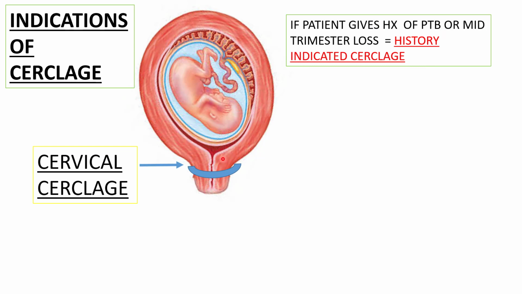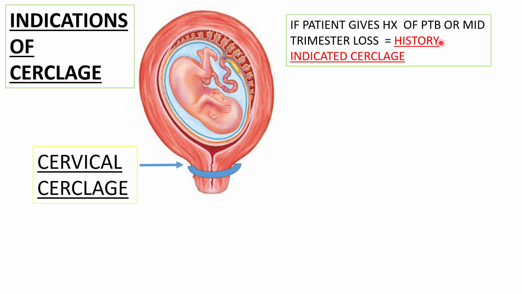Case number 2. For example, if you are sitting in your OPD and you have done the anomaly scan, and of course on the anomaly scan you will also check the length of the cervix, and the length of the cervix is short. What is meant by short cervix? When the length of the cervix is less than 2.5 centimeter or 25 millimeter.